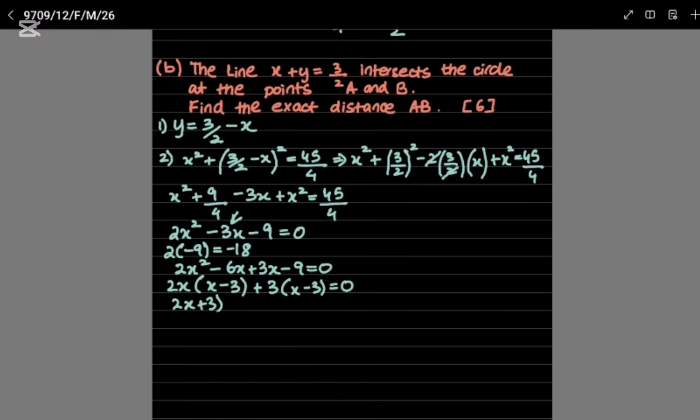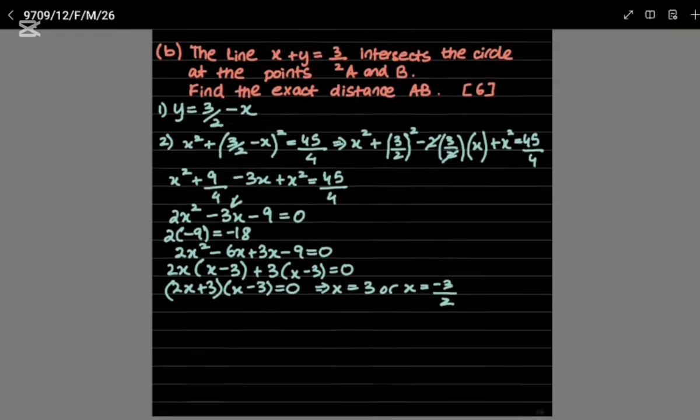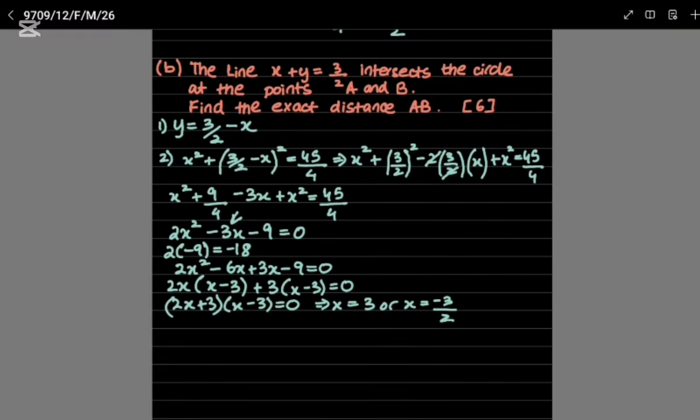(2x plus 3) into (x minus 3) equal to 0, which implies x is equal to 3 or x is equal to minus 3 over 2. Okay, so these are basically the points A and B, but let's find the y coordinate. y at x equal to 3 is 3 over 2 minus 3, so it's basically minus 3 over 2.